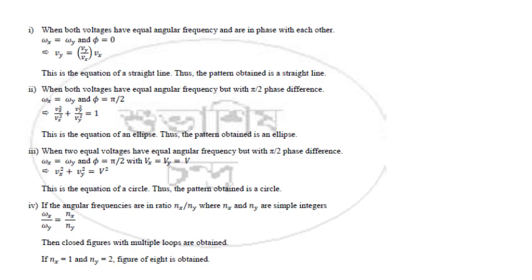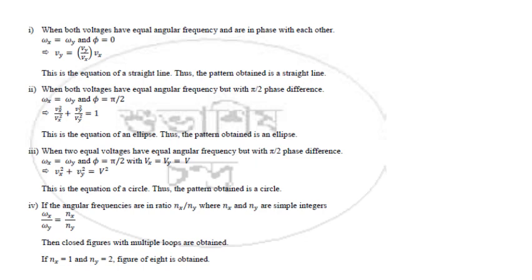This forms the equation of an ellipse. So if you see an ellipse on the screen, you can say both are having the same frequency but pi by 2 phase difference.